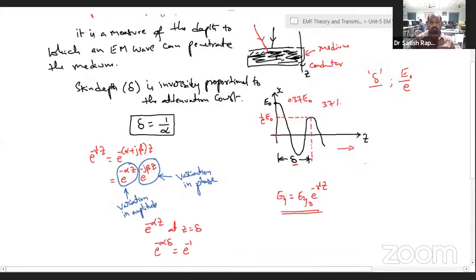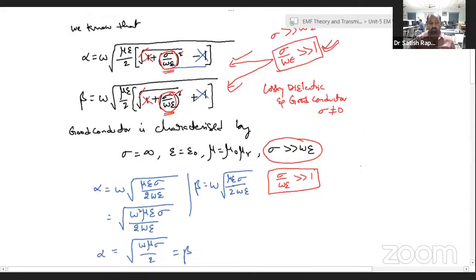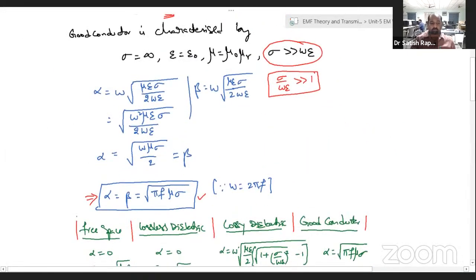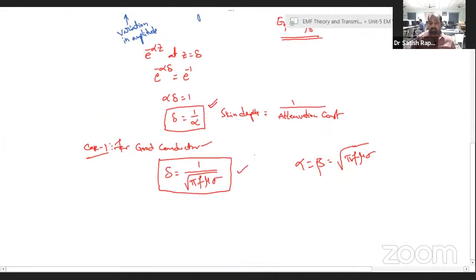Previously we have defined that, so taking that equation directly and substituting it here.